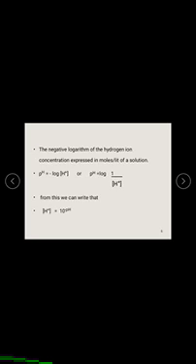Once again, pH is the negative logarithm of hydrogen ion concentration expressed in moles per liter of the solution.